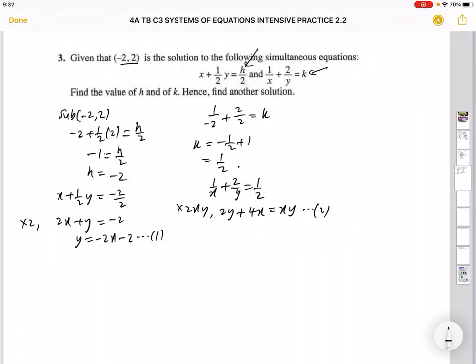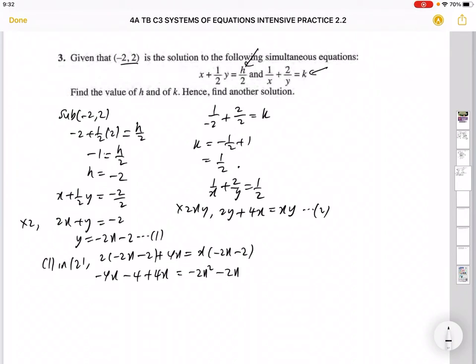When I sub 1 in 2, so 2 of (-2x minus 2) plus 4x equals x(-2x minus 2). Let us expand. -4x minus 4 plus 4x equals -2x squared minus 2x. As I rearrange it, 2x squared plus 2x minus 4 equals 0.